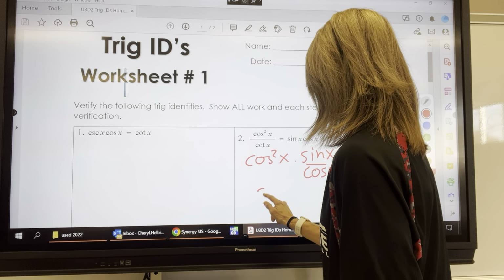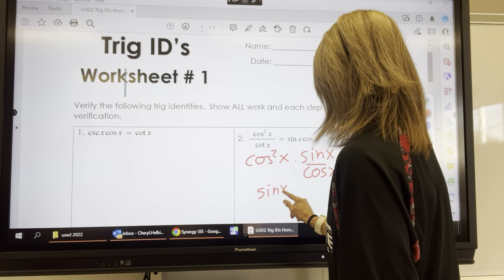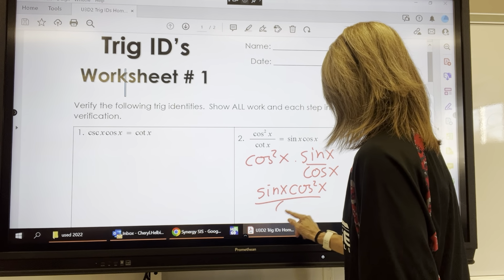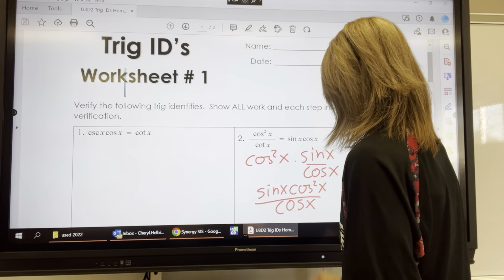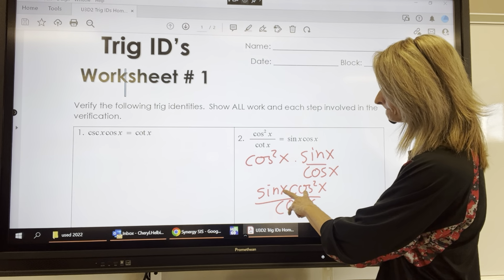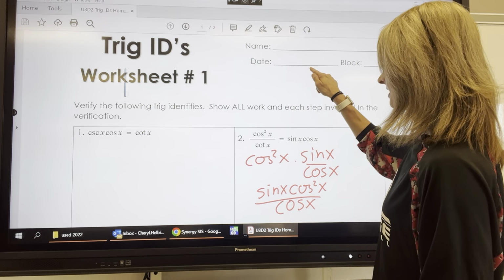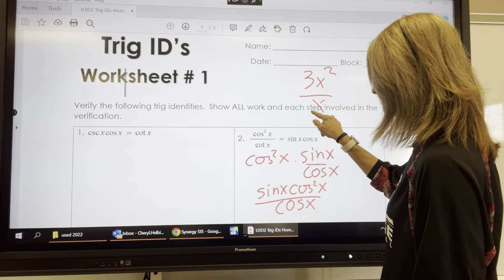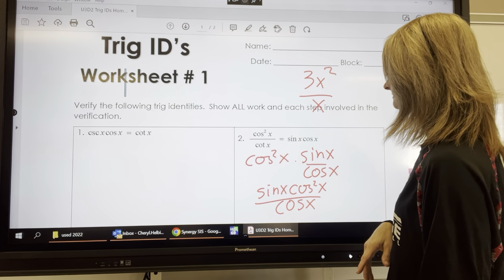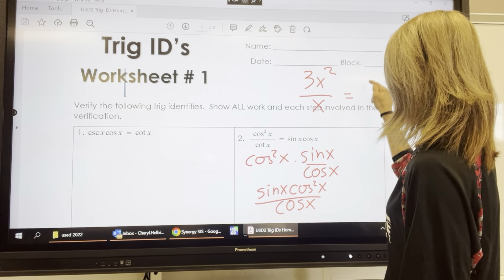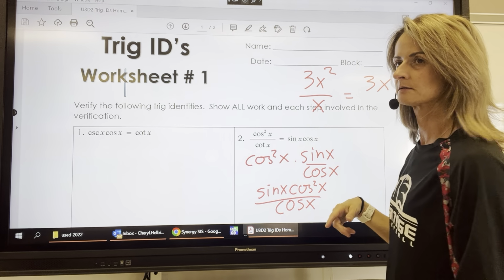This is, I'm just going to put sine first. So these are being multiplied. So if you had like, I don't know, 3x squared over x, you can simplify that, divide an x out, and then that would be equal to just 3x.